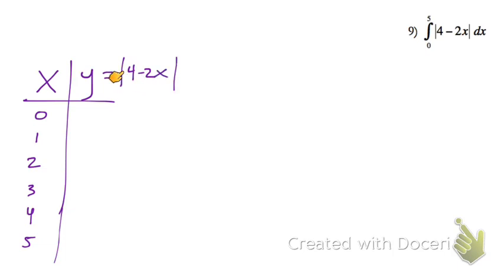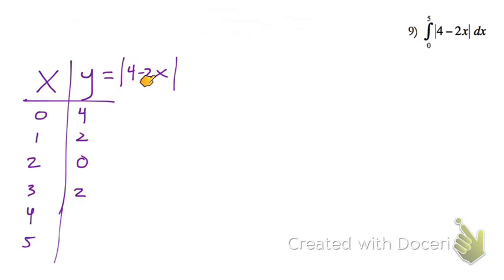If I plug in 0, I get 4 minus 0, which is just 4. If I plug in 1, I get 4 minus 2, which is 2. If I plug in 2, I get 4 minus 4, which is 0. If I plug in 3, I get 4 minus 2 times 3, which is 4 minus 6. That's negative 2. But because it's absolute value, it's a positive 2.